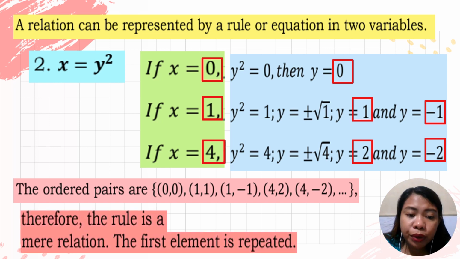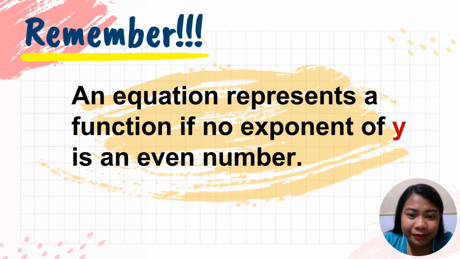So the rule is merely a relation. The first element is repeated. Okay, class, remember, an equation represents a function if no exponent of y is an even number.